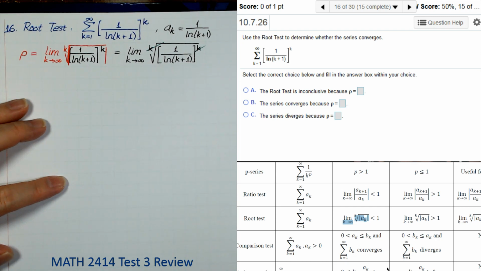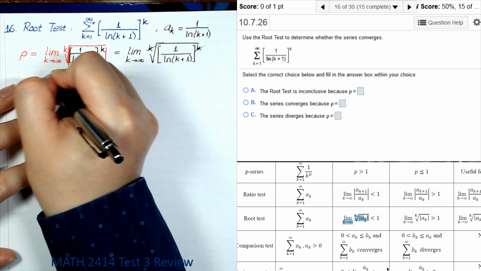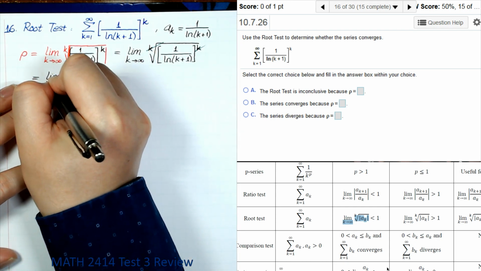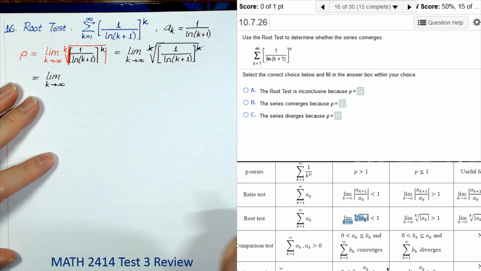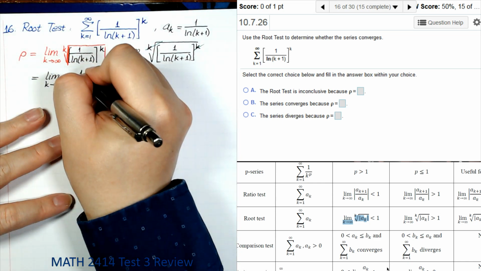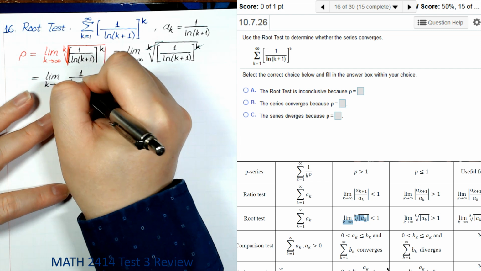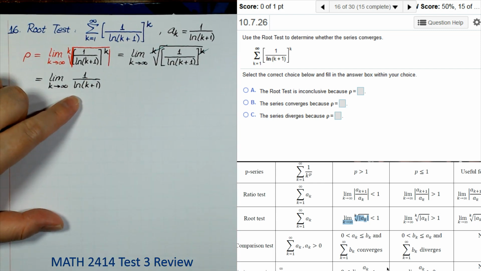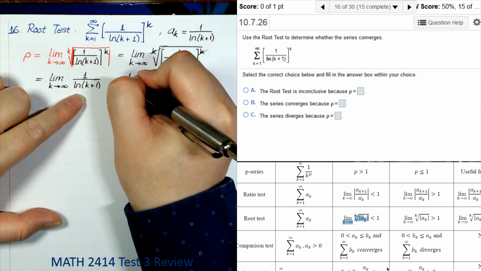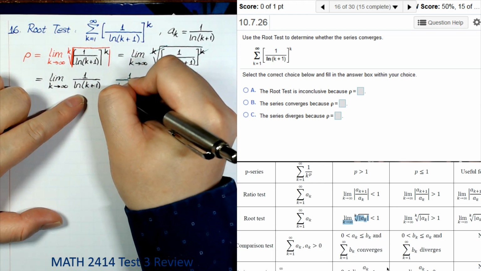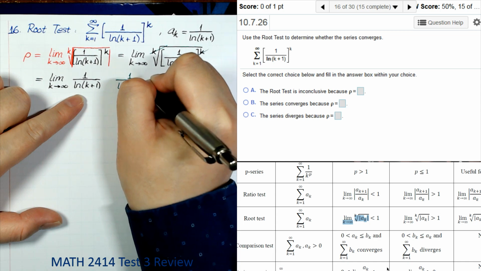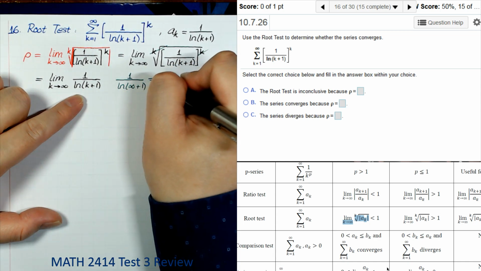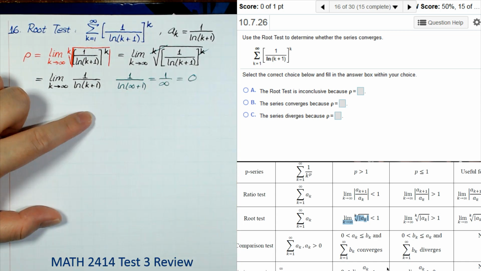That cancels out. That's convenient, right? We just have 1 over ln of k plus 1. And now if we put in infinity, ln of infinity is still infinity, which gives us 0.